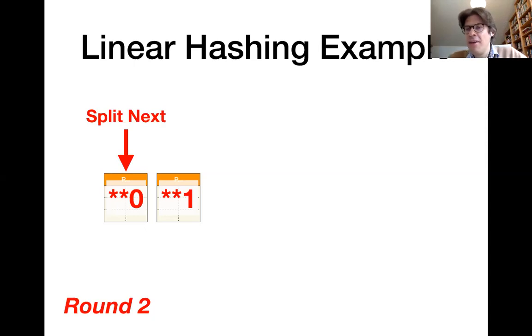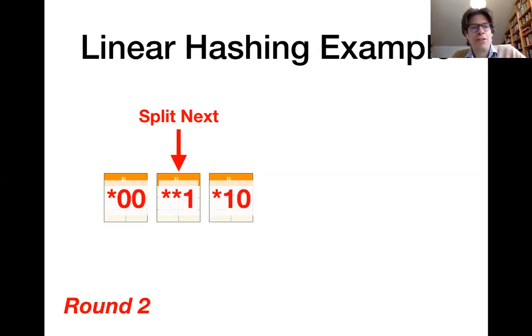Okay, so now assume that we have even more insertions into our table and therefore into the associated index. So now we have again to split the bucket that our pointer is referencing. So now we have one bucket that is associated with hash values ending in 0, 0, and one bucket that is associated with hash values ending in 1, 0. All right. So we are still in round 2.